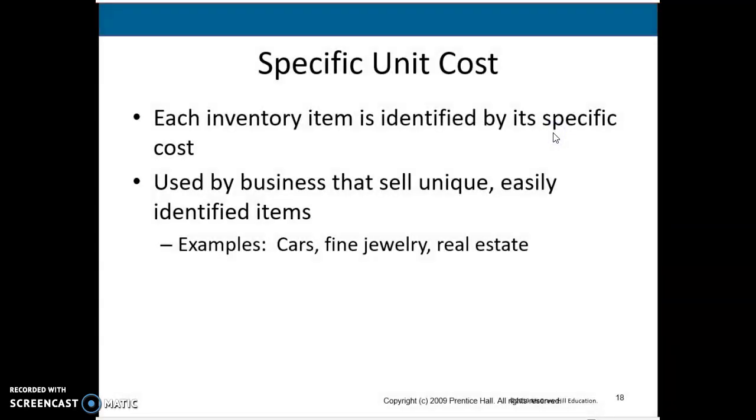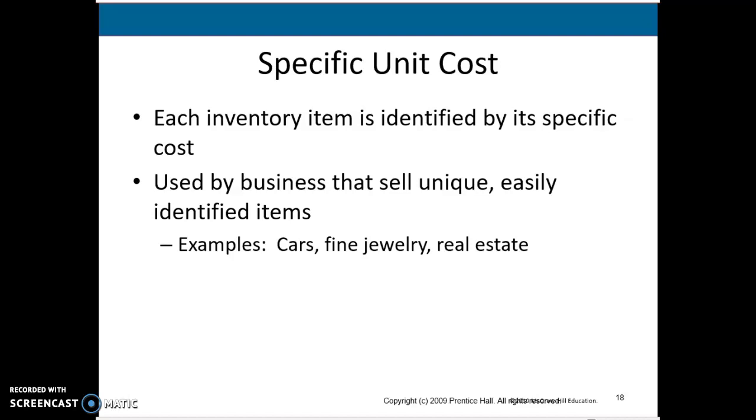All right, so let's talk about the different methods. The first one is called the specific unit cost or the specific identification. This is used when we have something that is more unique or easily identified inventory items. One that I use most commonly is car dealerships.